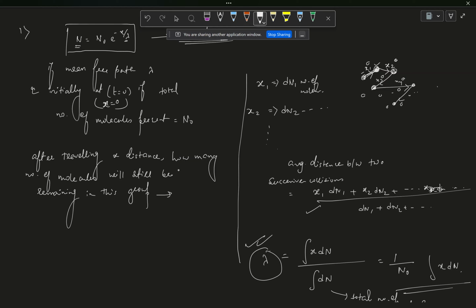So how many will survive is basically the number of molecules that survive or do not undergo any collision within distance equal to x.